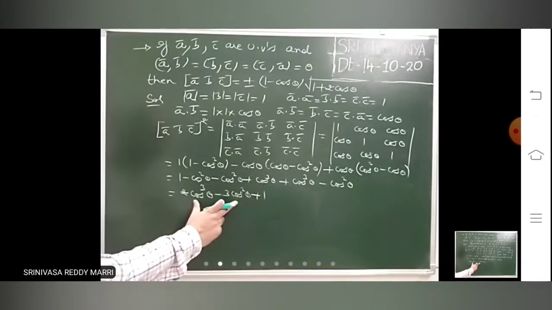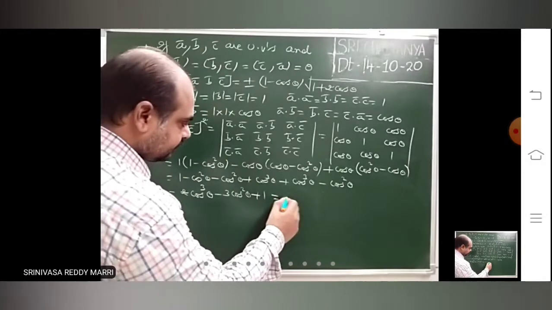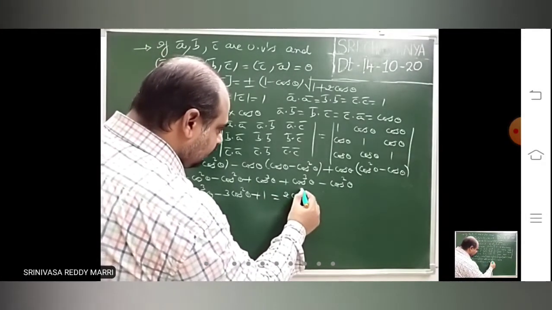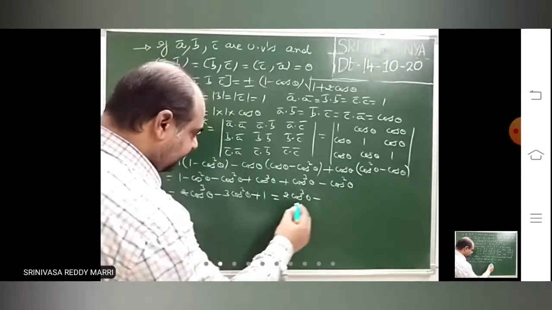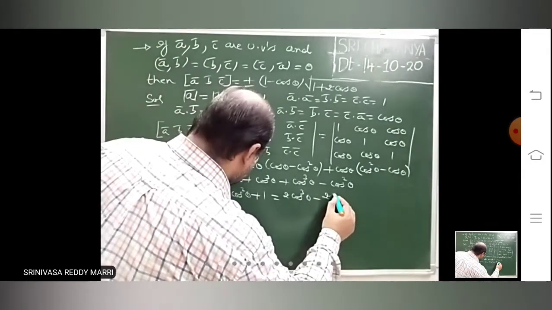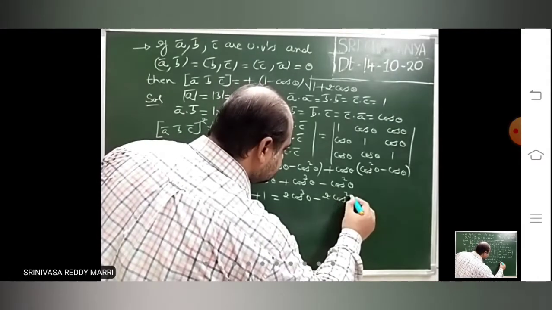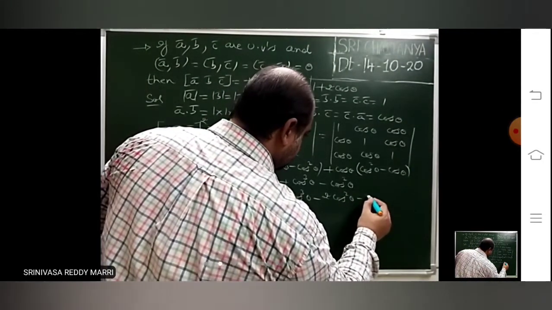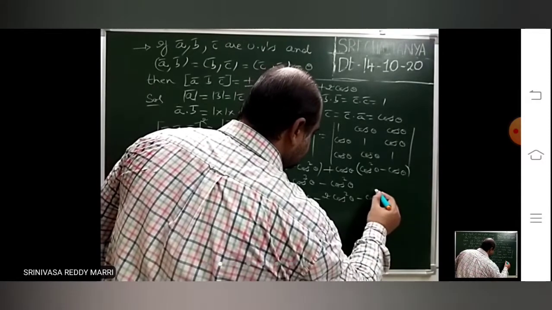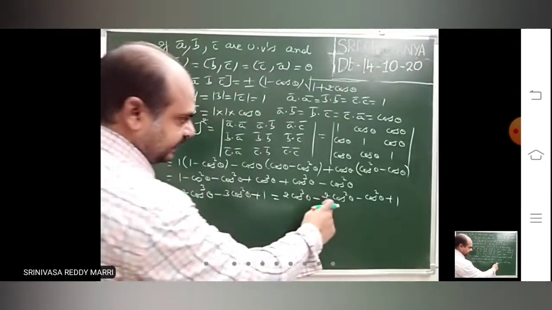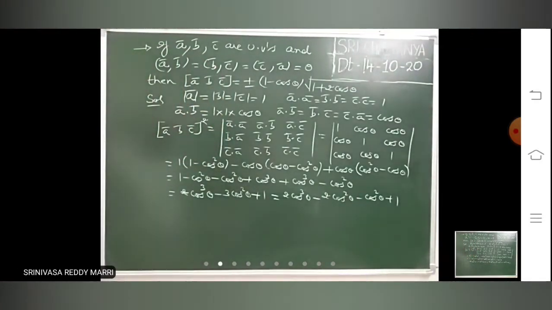Now I am factorizing this one, using a simple technique. 2 cos cube theta, I write minus 2 cos square theta minus cos square theta plus 1; that is, minus 3 I write as minus 2 cos square theta minus cos square theta.